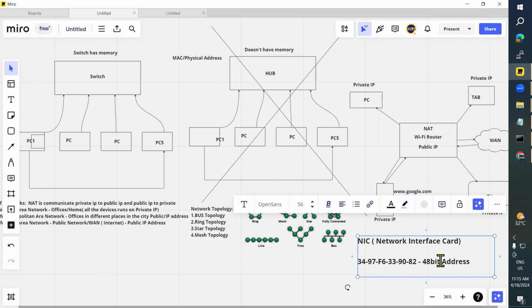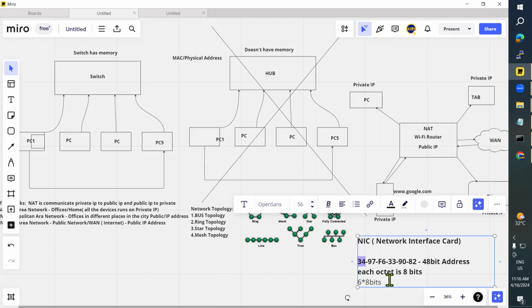That is the reason we call it 48 bits. See, this is an octet.